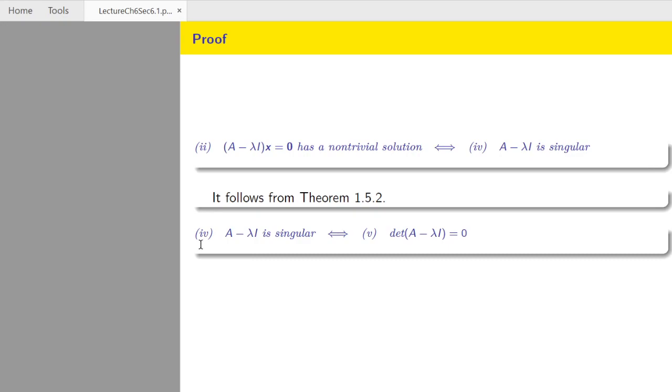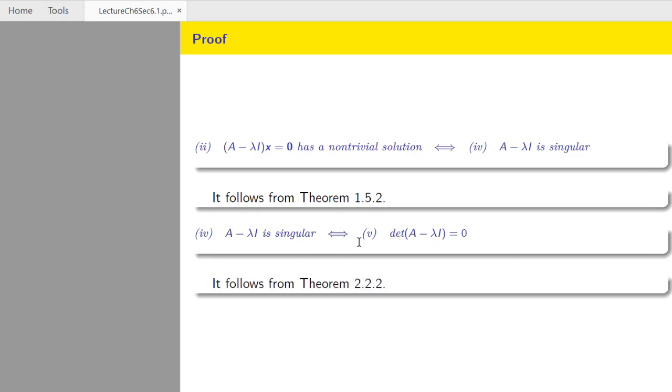The equivalence between statement 4 and statement 5. Statement 4 says A minus lambda I is singular. Statement 5 says the determinant of the matrix A minus lambda I equals 0. These two statements are equivalent. We can apply theorem 2.2.2 to verify this. So in this way, we proved the 5 statements for a scalar lambda are equivalent.